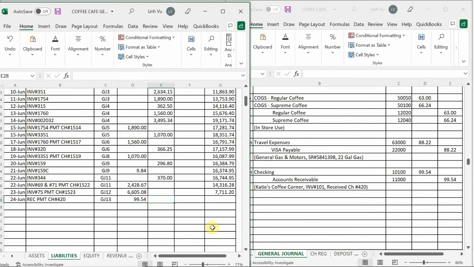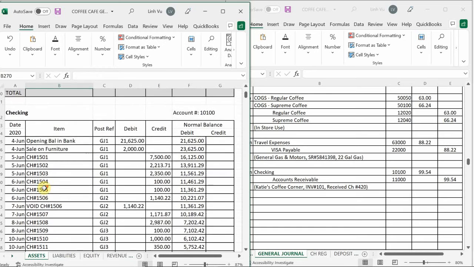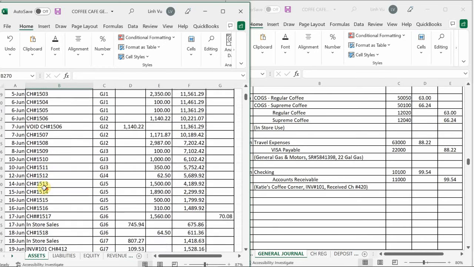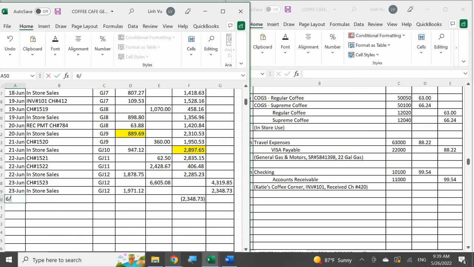I gotta undo that. Receive payment, check number 420 for the $99.54. So here we're still under.